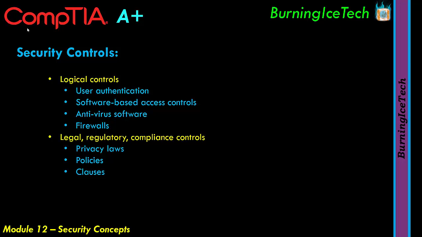You also get other things like software-based access controls. Speaks for itself. I mean, you get antivirus. Everybody knows what an antivirus is and what firewalls are. So an antivirus does just that. It's an antidote basically to possible viruses you may or may not have on your computer. It's going to prevent you from getting them.